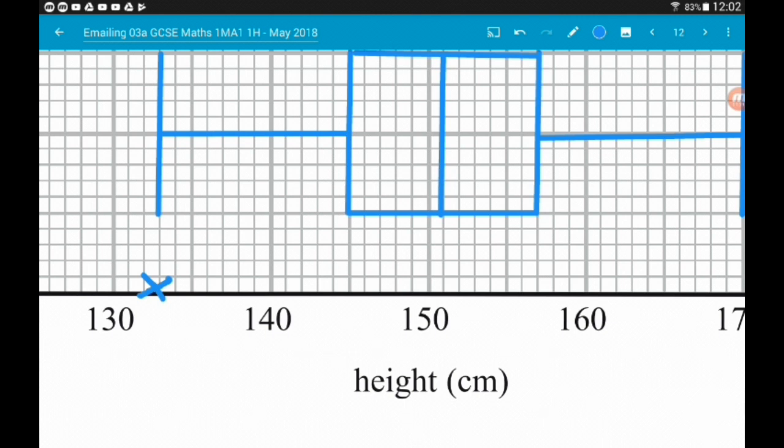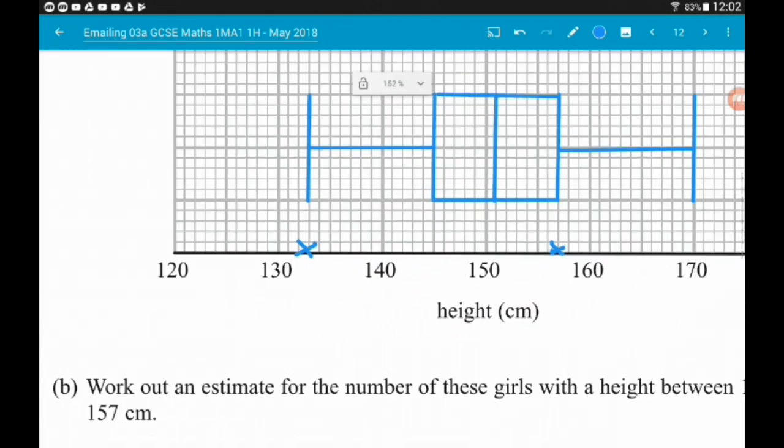157 is the upper quartile. So between the lower quartile and the upper quartile, we have the middle 50%.